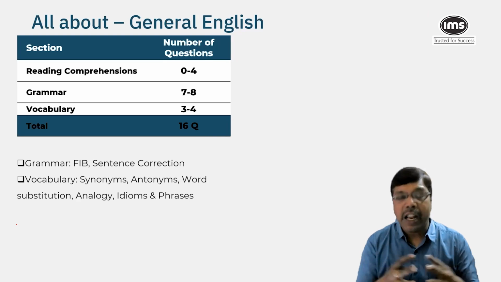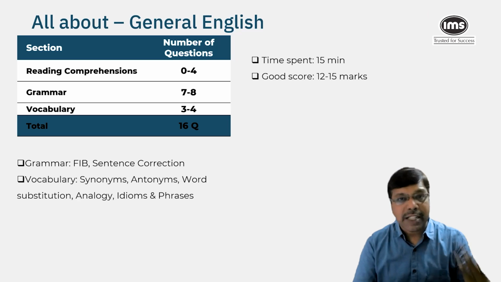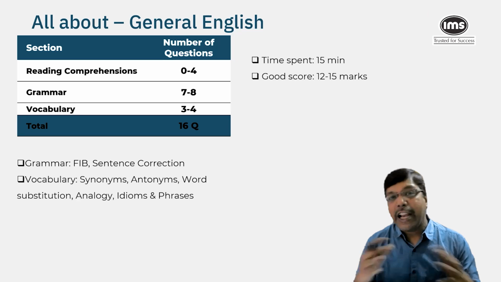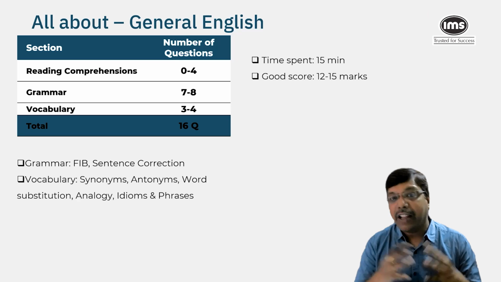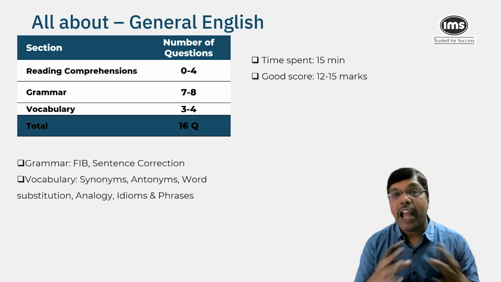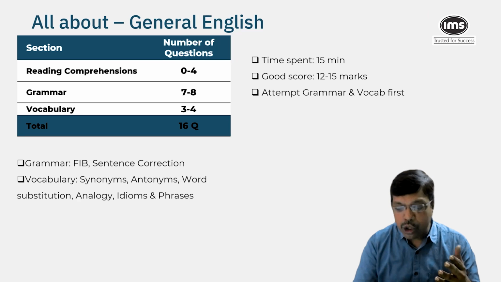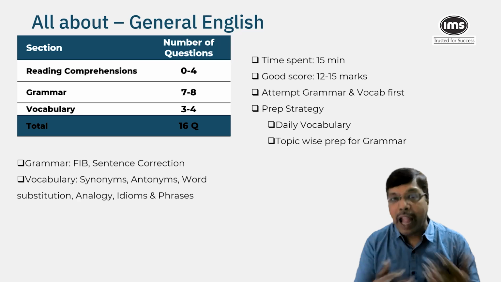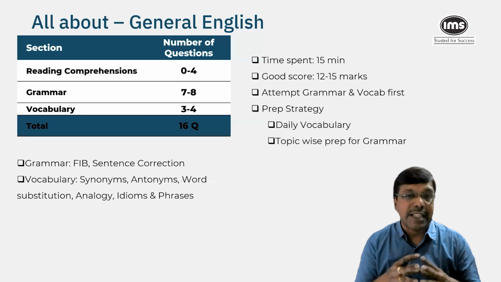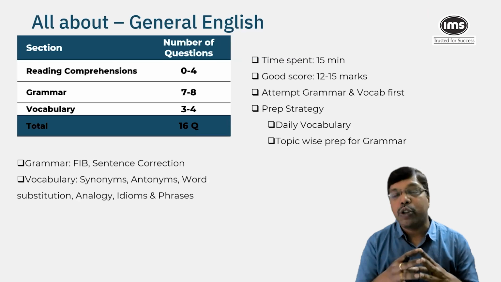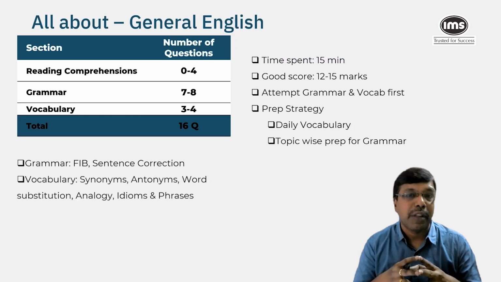Now, what should be our goal in English section? As discussed earlier, the ideal time allotment can be some 15 minutes, and the target score should be around 12 to 15 marks. And since most of the questions are of vocabulary and grammar, it should help you attempt those questions faster as compared to the questions of reading comprehension and verbal reasoning.